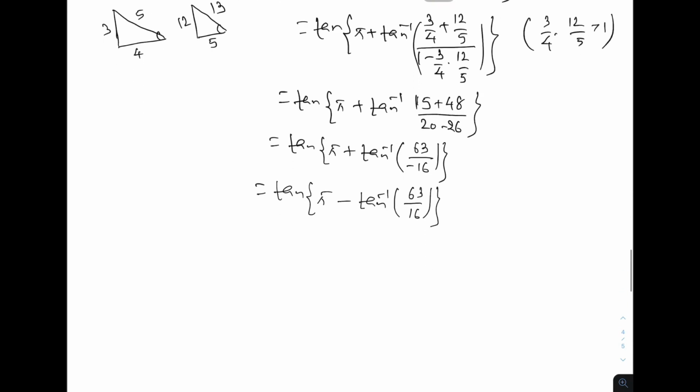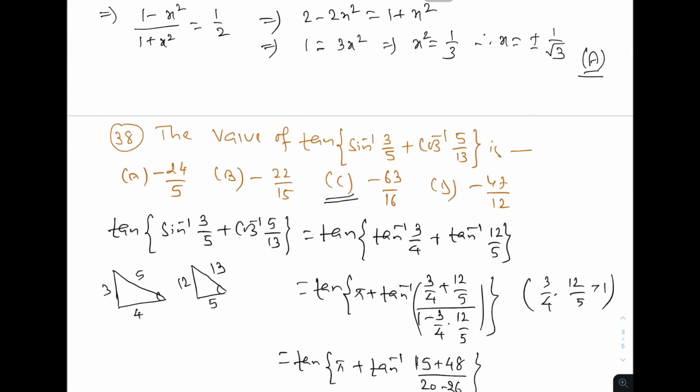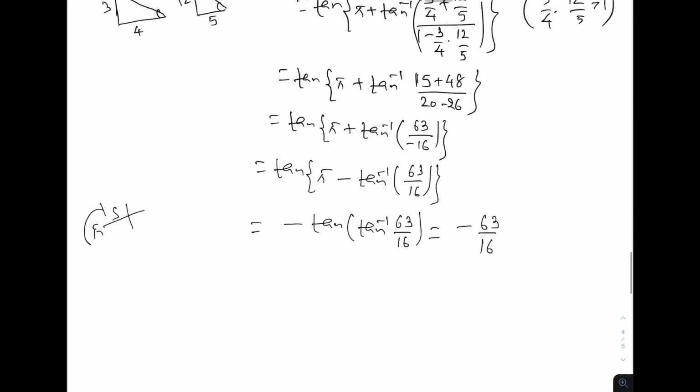Tan inverse minus x is minus tan inverse x, and tan of pi minus, so that is negative, so this is nothing but minus tan of tan inverse 63 by 16. So answer is minus 63 by 16, and so the option is C, minus 63 by 16.